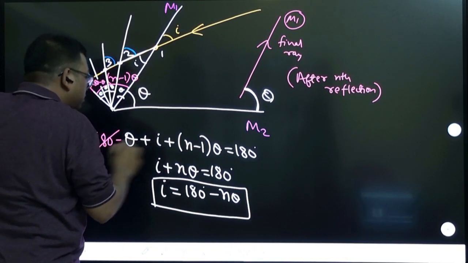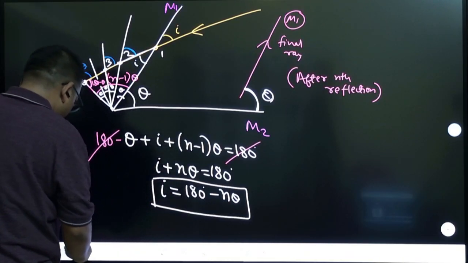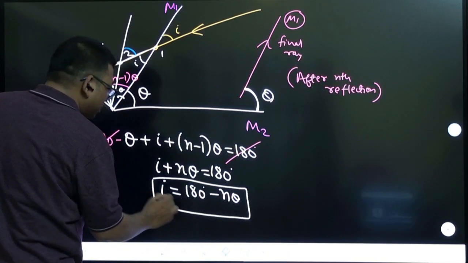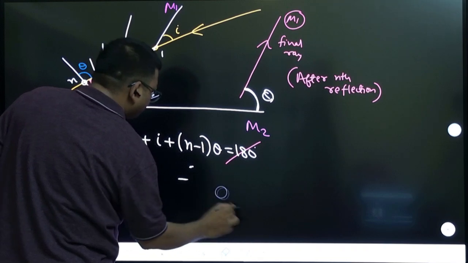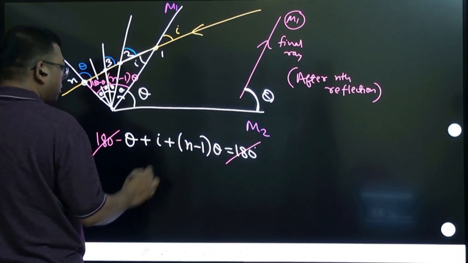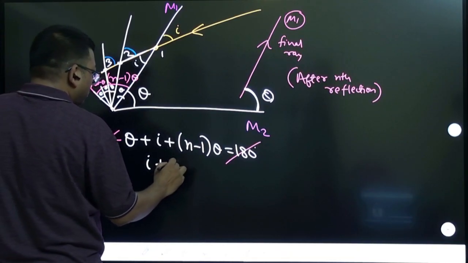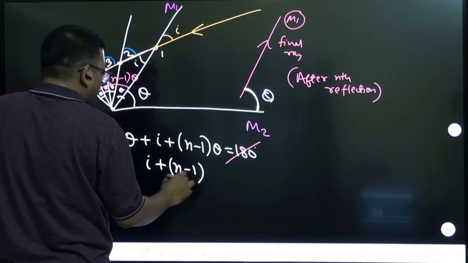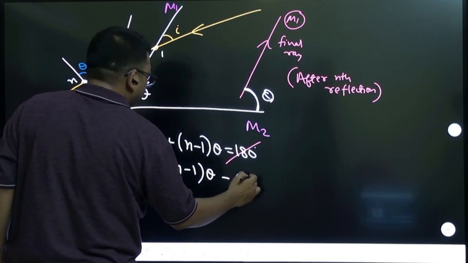What will happen? This will get cancelled. Then what do we get? I think a slightly different answer will come. Check how much it is coming. Then I plus n minus 1 into theta minus theta is equal to 0, right?